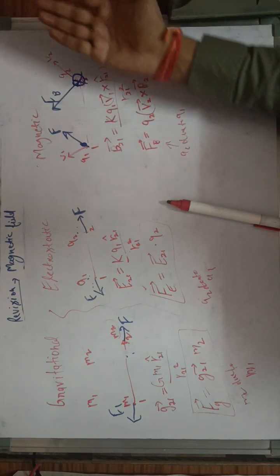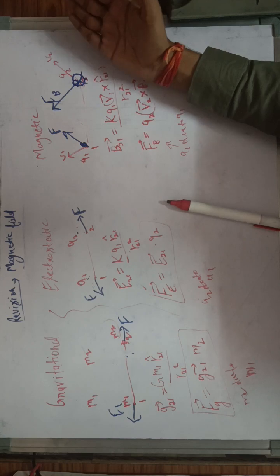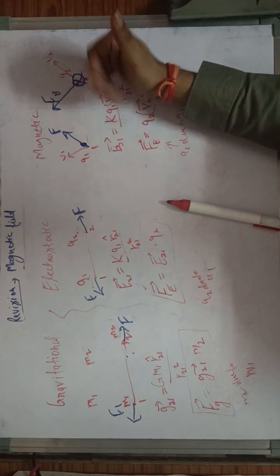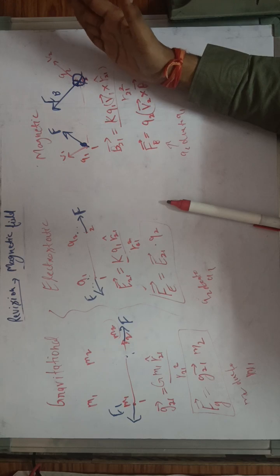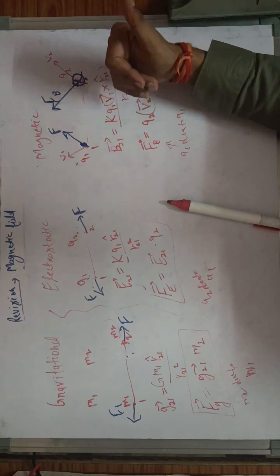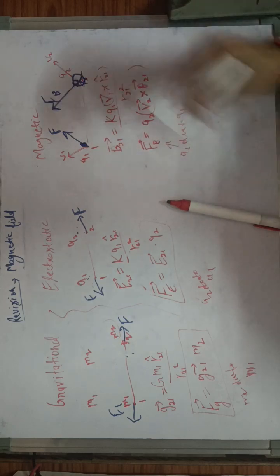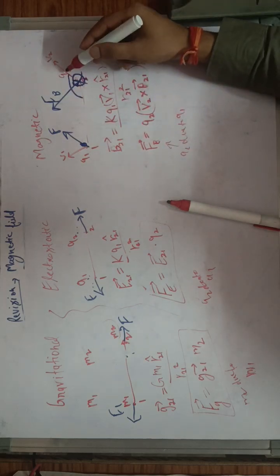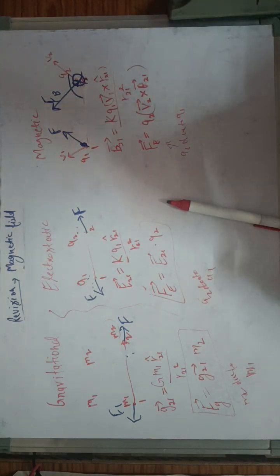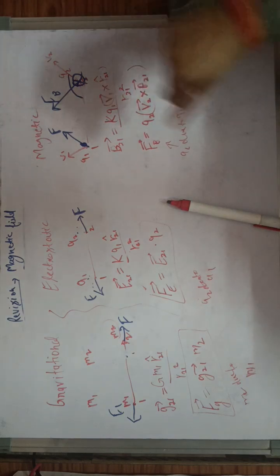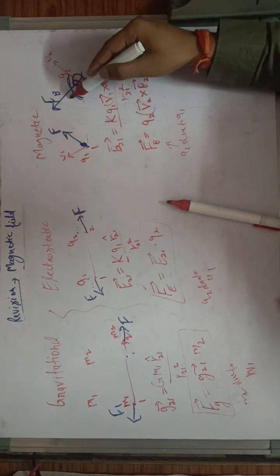q2 is moving in this direction, v2, and we take the cross of v2 with r. The cross is taken along the smaller angle.